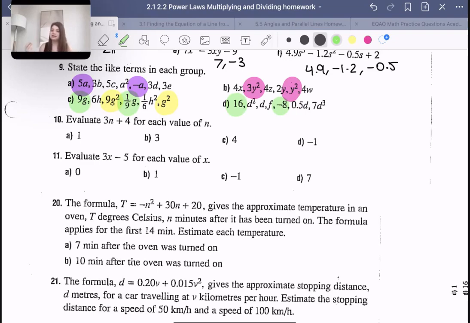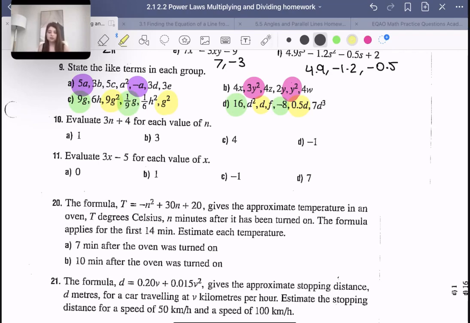We could add 16 and -8 together and we could get 8, right? But also, there's another set here of d and 0.5d, right? Those could be added together to get 1.5d, right? They have the same, not coefficient, they have the same variable and the same power, and so they would work.